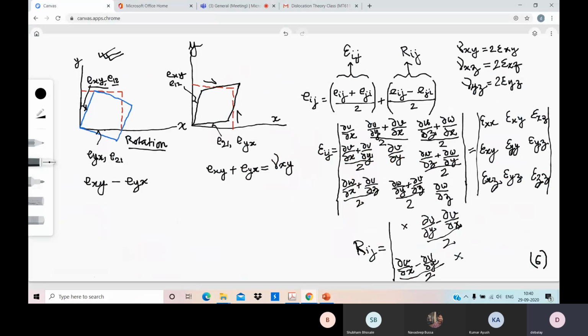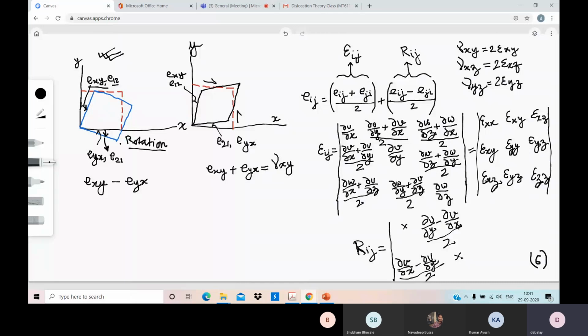Similarly, there is a displacement along this way, which is basically EYX or E21, because the displacement is happening in the negative Y direction, and it is proportional to the X direction. But do you think the body has deformed or strained? No, no strain. You have just rotated it.